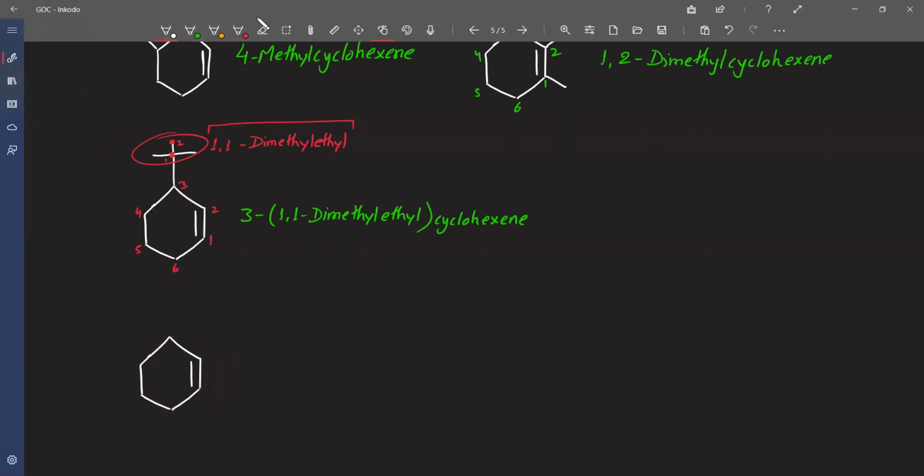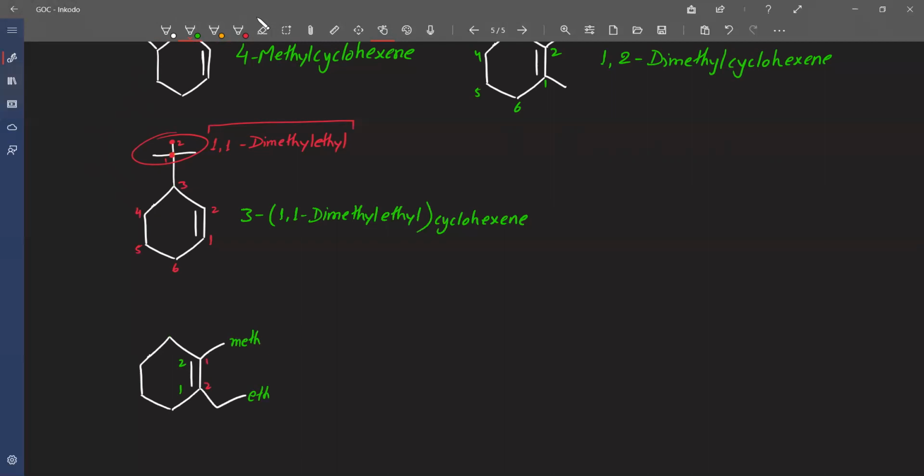Okay. Now, what if we have two different substituents, say for example a methyl group and an ethyl group. So now the thing is here, if you write 1 here and 2 here, or 2 here and 1 there, which one is the correct one? The green one is the correct one because of alphabetical order.